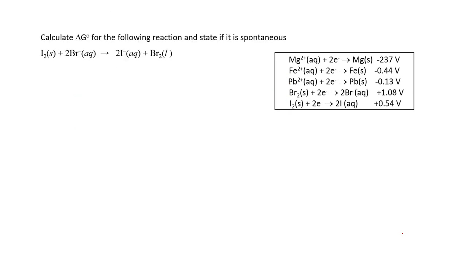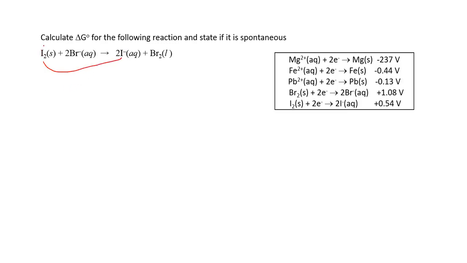Let's look at another problem. What is the free energy, the delta G, for the following reaction? And when you calculate the delta G, state if the reaction is spontaneous or not. So for this reaction, we'll do the same thing. In this case, we are adding electrons to iodine to make iodine ion.